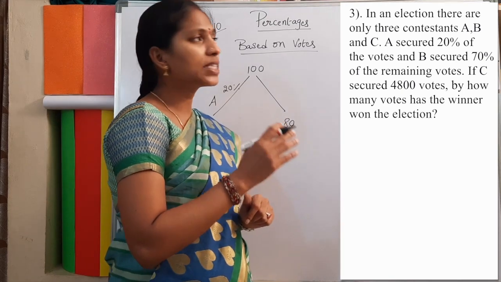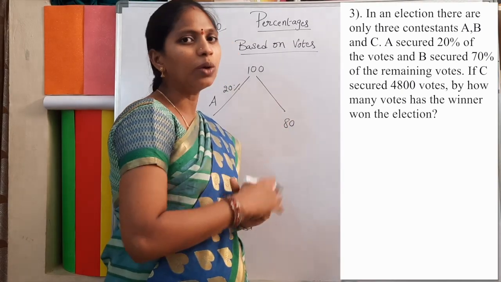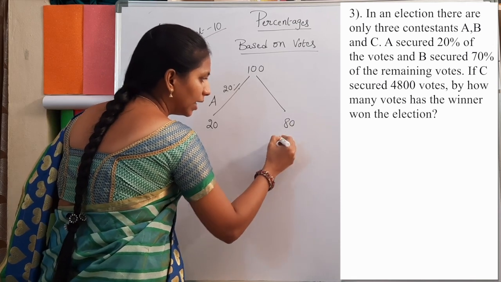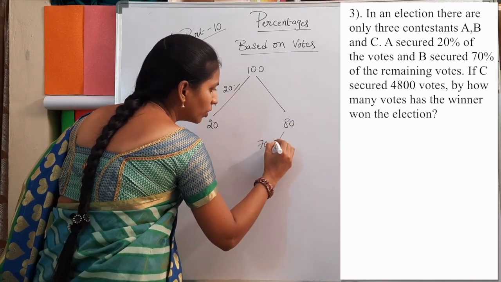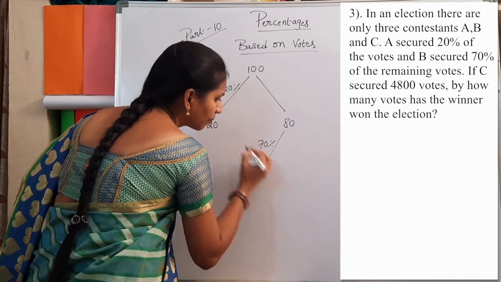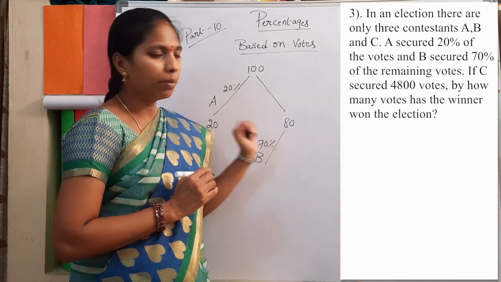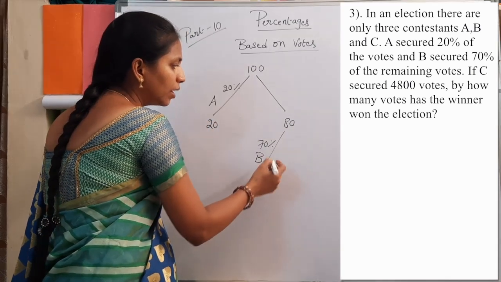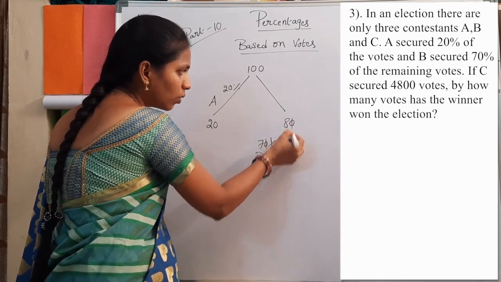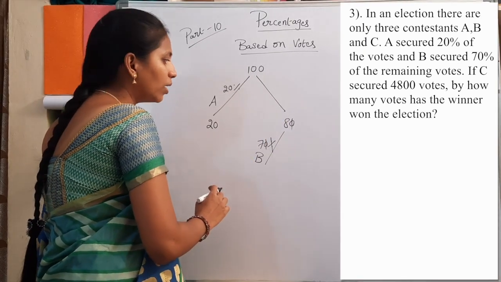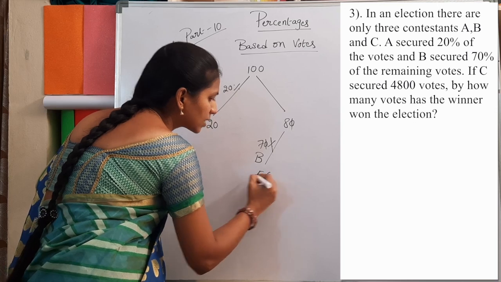Here B secured 70% of the remaining votes. 70% of the remaining means 80 and 70% of the remaining votes. Who got it? B. B got 70% of the remaining votes. So calculate the percentage and the 0 gets cancelled. Then 8 sevens, what is the value? 56.